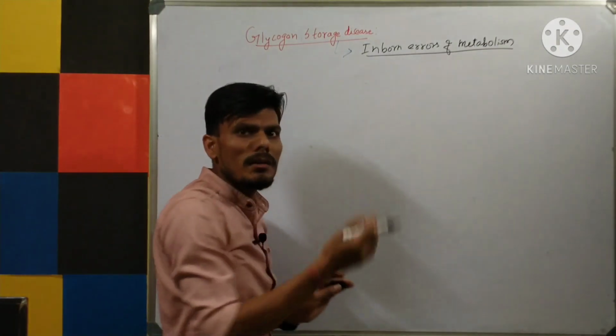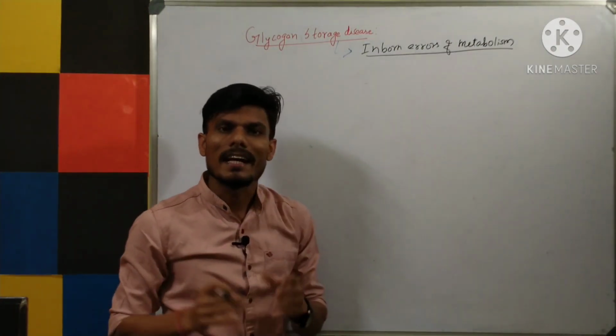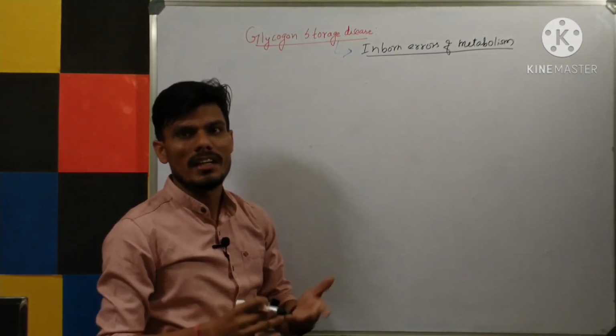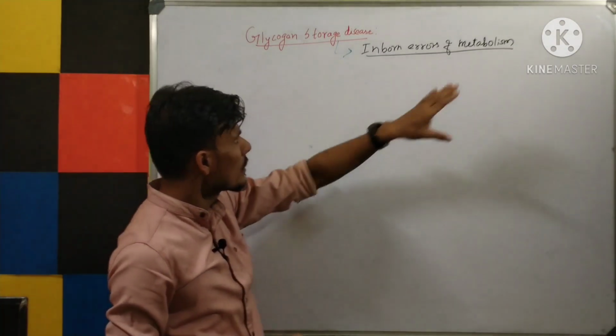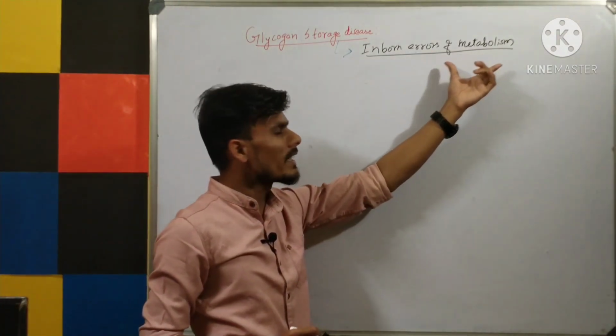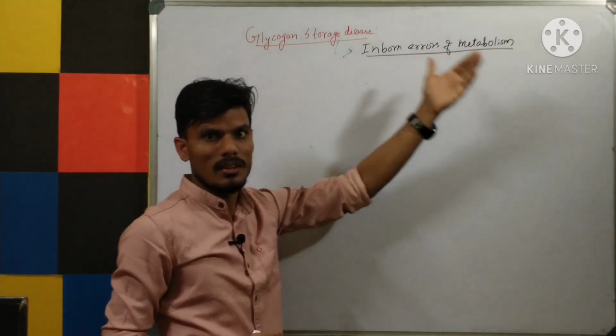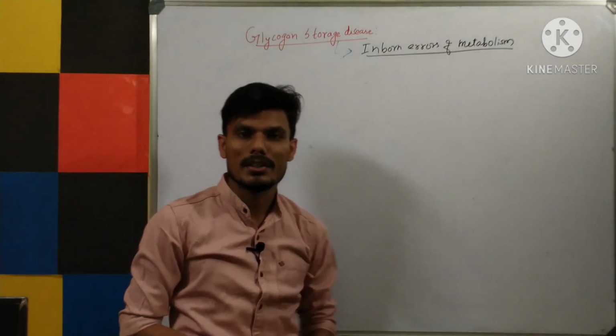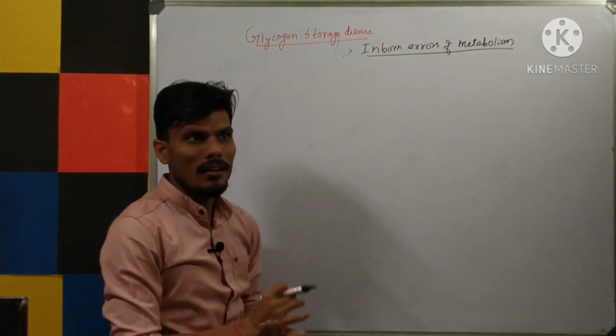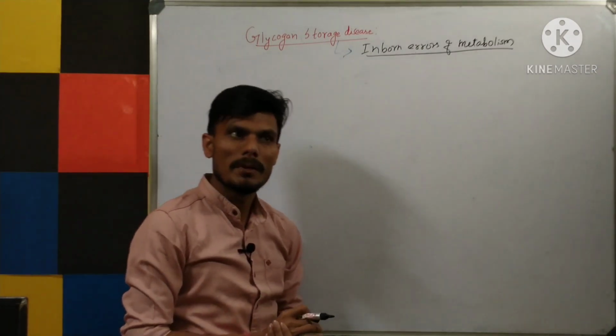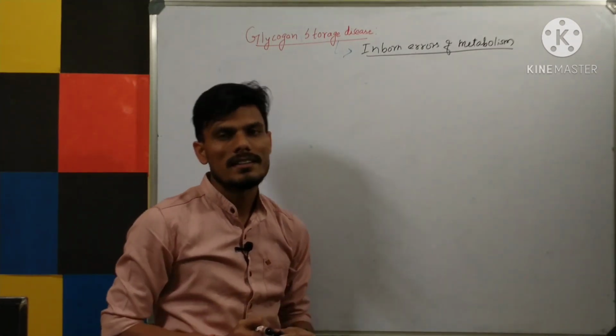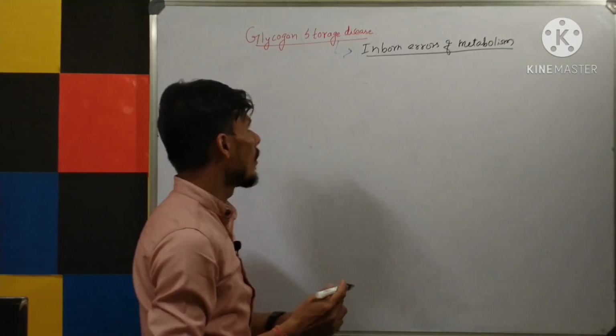Always when there is the term inborn, it is related to inherited disorders, or genetic defects. So when there is a defect in the metabolism of carbohydrates, lipids and proteins, that will result in the accumulation of the metabolite, which can affect the cells, tissues, or organs.